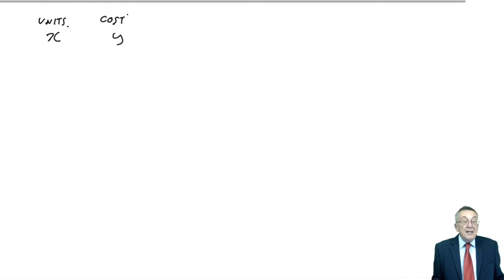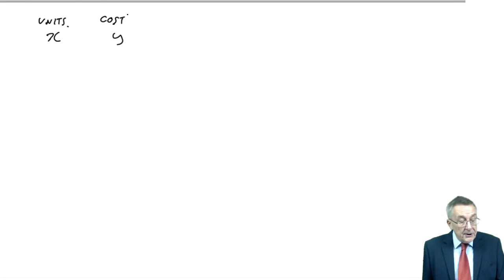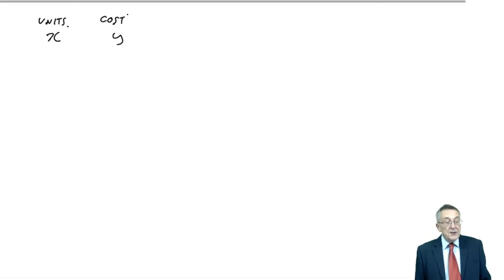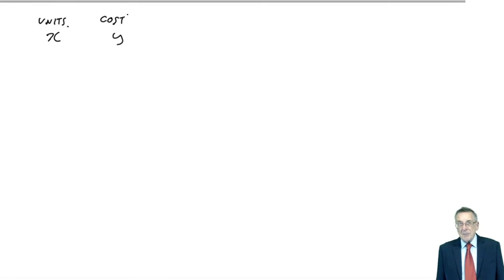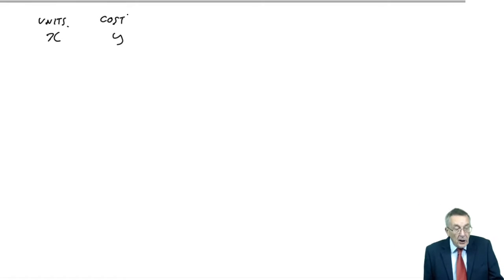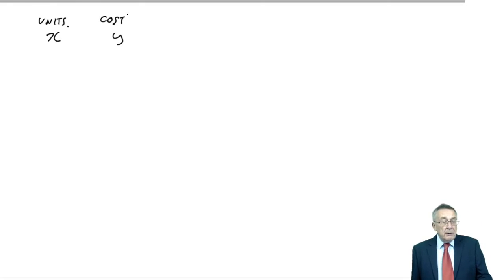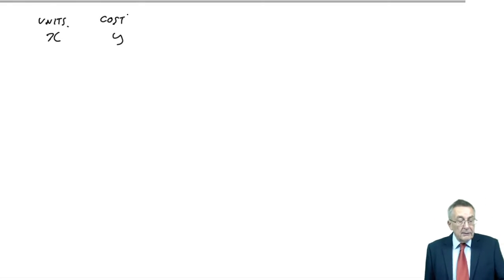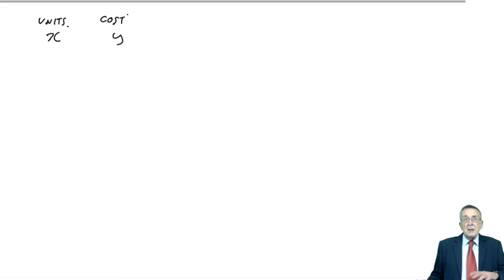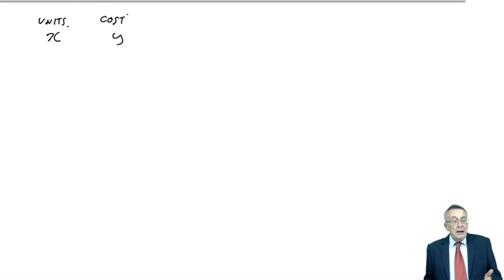And the first thing we do is simply list all the sets of observations. But I'm going to simplify it slightly here, because although the outputs are all given in units, and the costs here are all given in dollars, you'll see as we go through, because of the amounts involved, we've got to do various multiplying together and things, we're going to have lots and lots of zeros. It's going to get terribly messy.